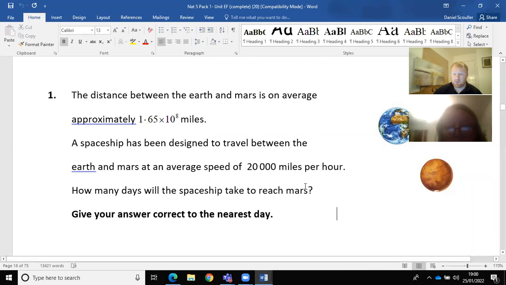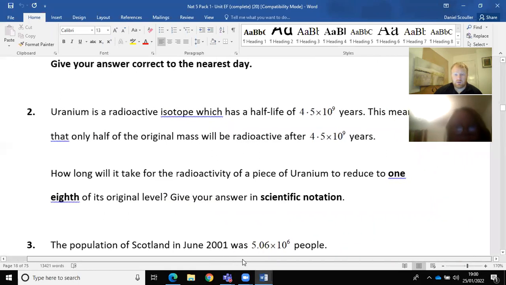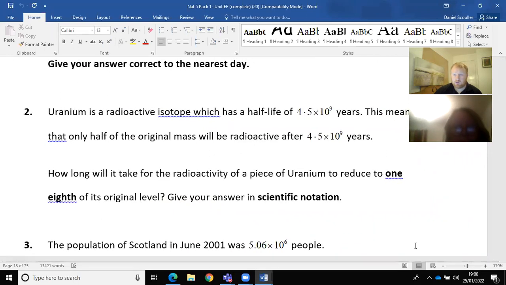So 1.65 times 10 to the 8 divided by 20,000 will give you the amount of hours, and then how many days. It's looking for how many chunks of 24 that will be. So how will we go with that? Remember the answers are at the back. Let's have a wee look at this one.